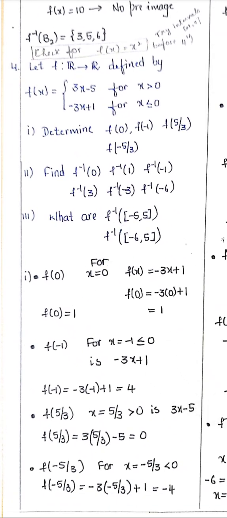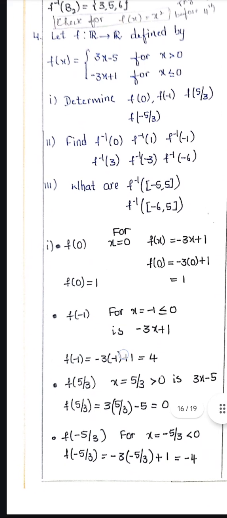Let f be the function from R to R defined by f of x equals 3x minus 5 for x greater than 0 and minus 3x plus 1 for x less than or equal to 0. Determine, this is an important question, f of 0, f of minus 1, f of 5 by 3, f of minus 5 by 3.